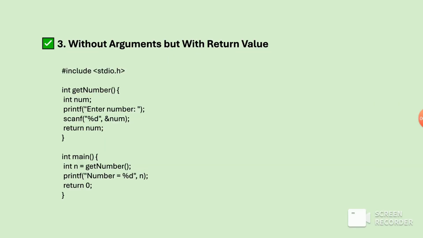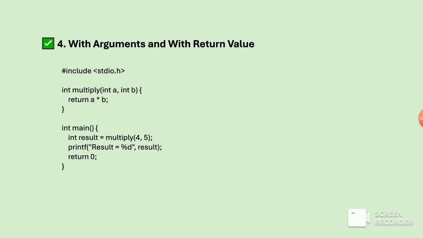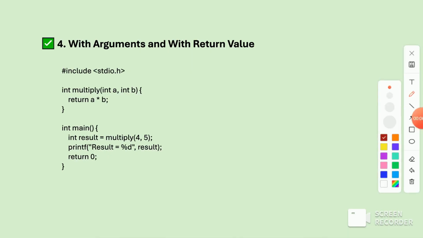In the next slide, with arguments and with return value, the fourth one. In this example, multiply is our function, and it returns an integer value, the multiplication of two integer numbers.